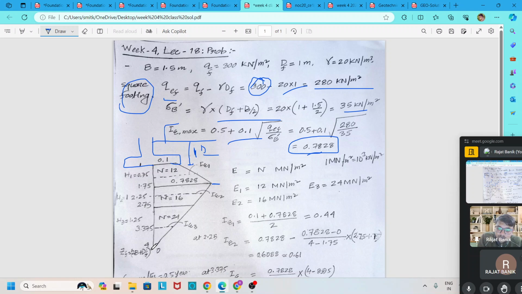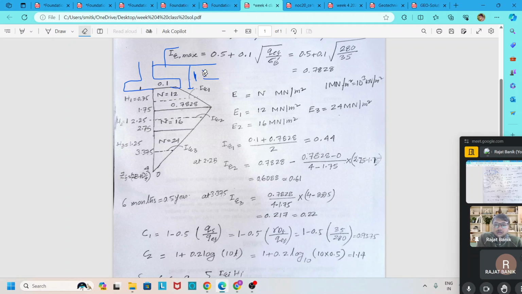Now we divide this influence factor diagram according to our different SPT numbers, so the diagram is divided into 3 layers, and we find the influence factor at the middle of each layer with the help of this diagram.